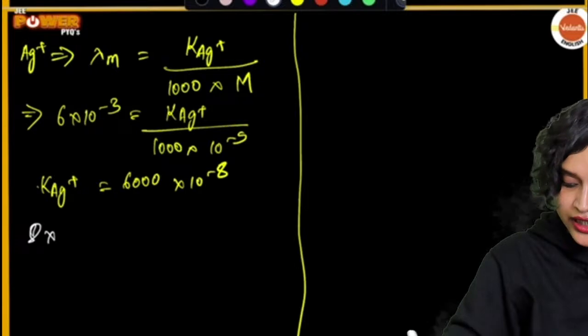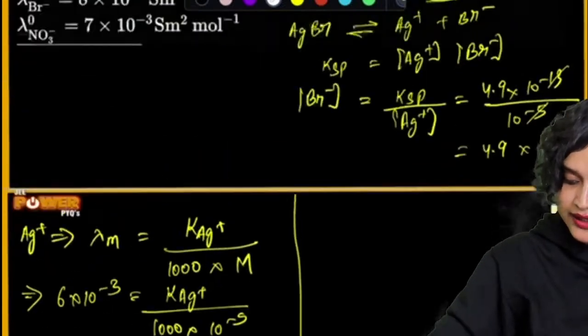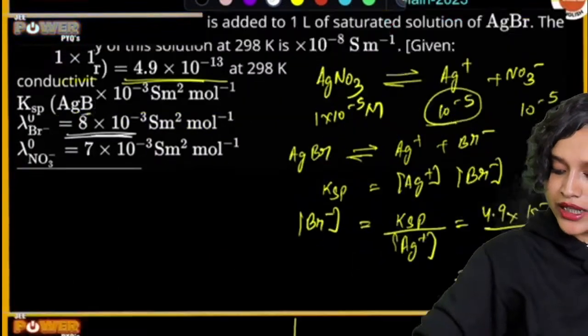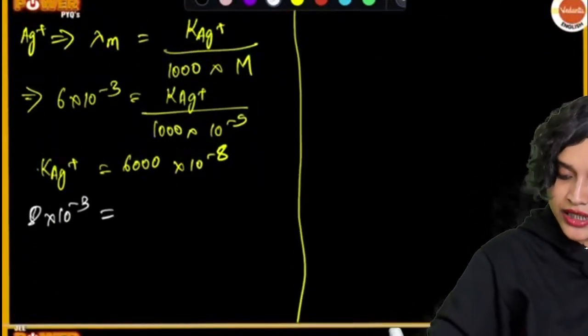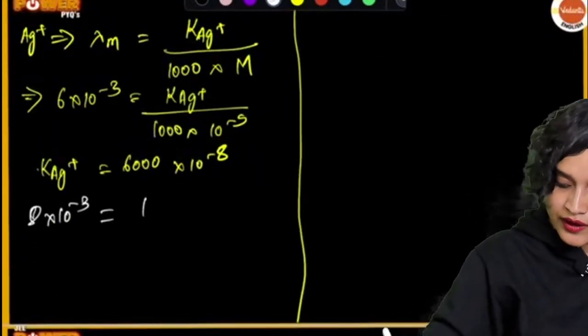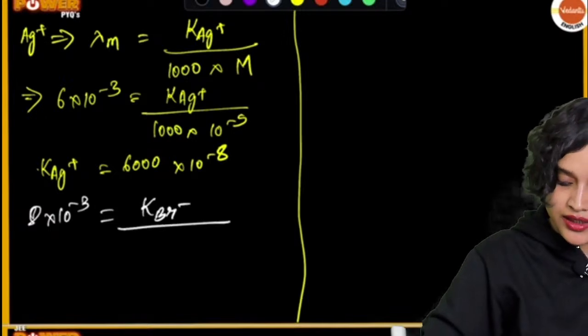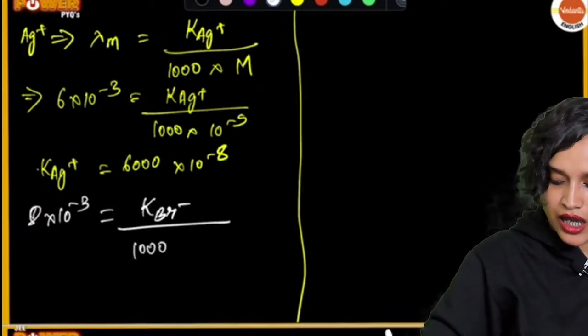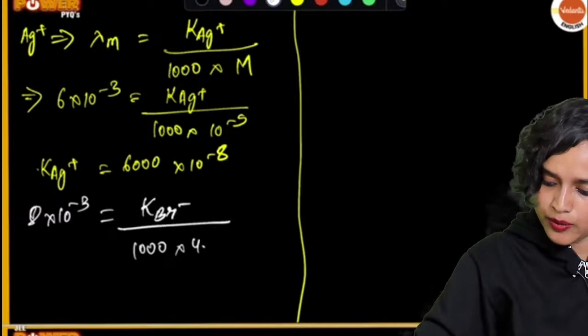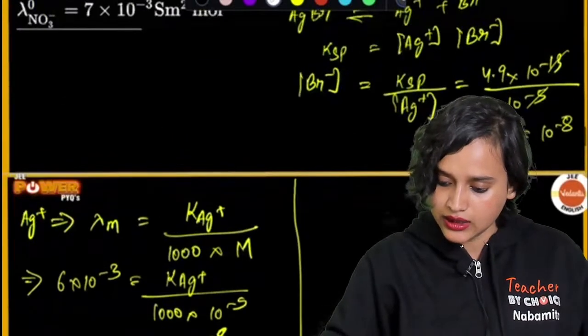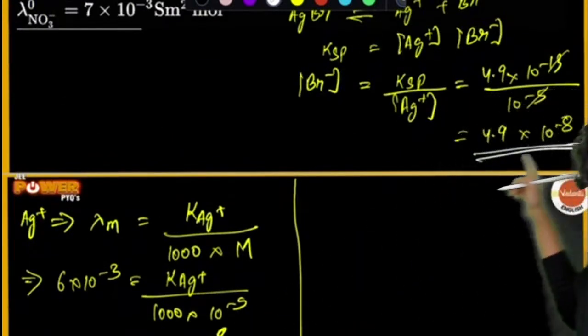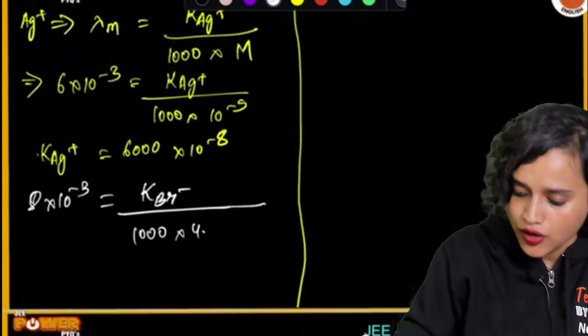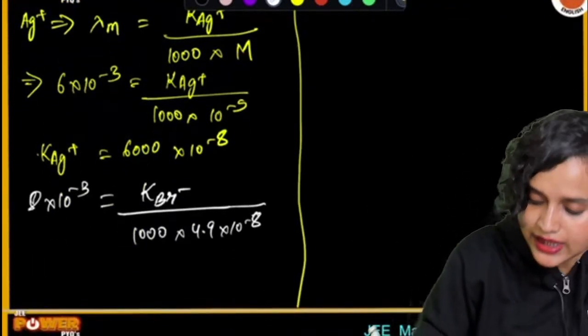We have 8 into 10 to the power minus 3 here. So 8 into 10 to the power minus 3 is equal to K Br minus divided by 1000 into 4.9 into 10 to the power minus 8, which we have figured out.